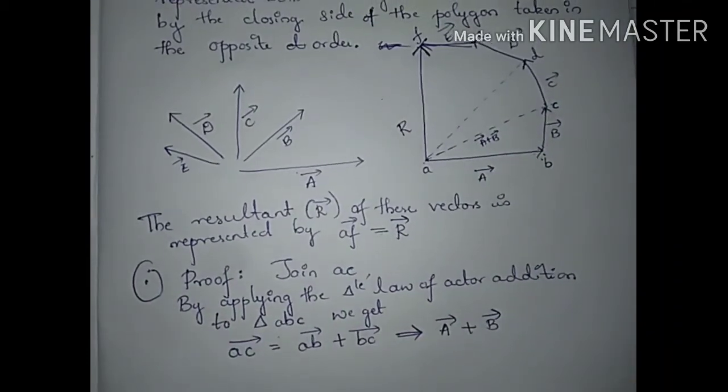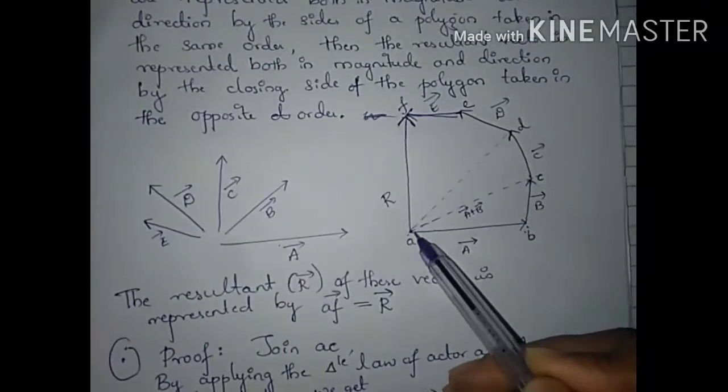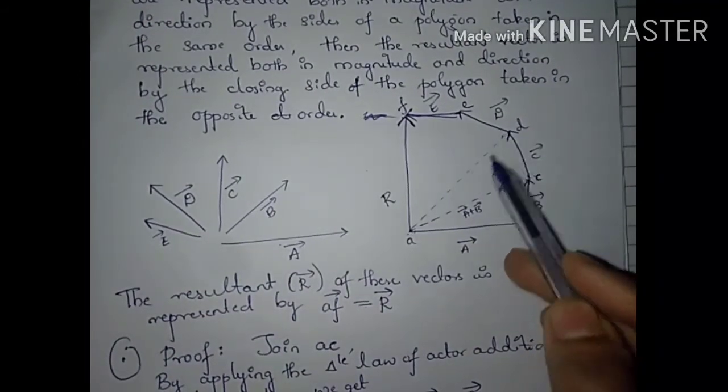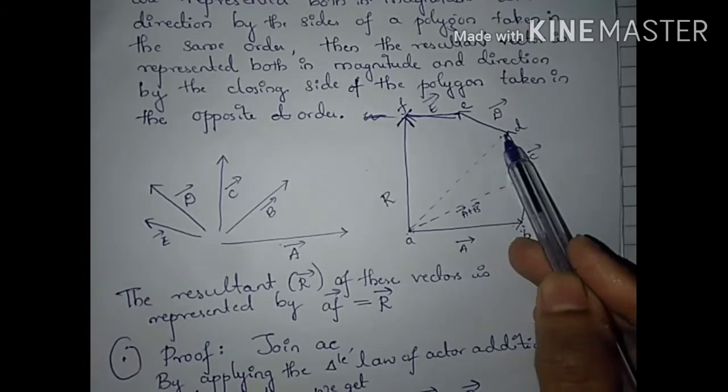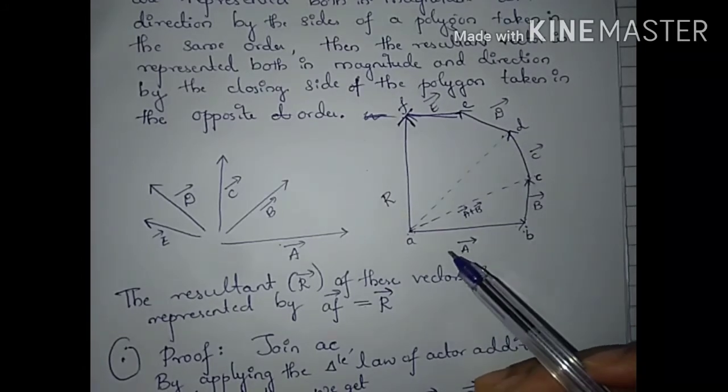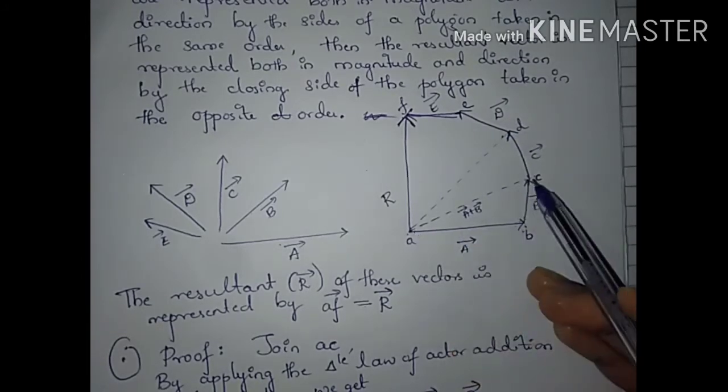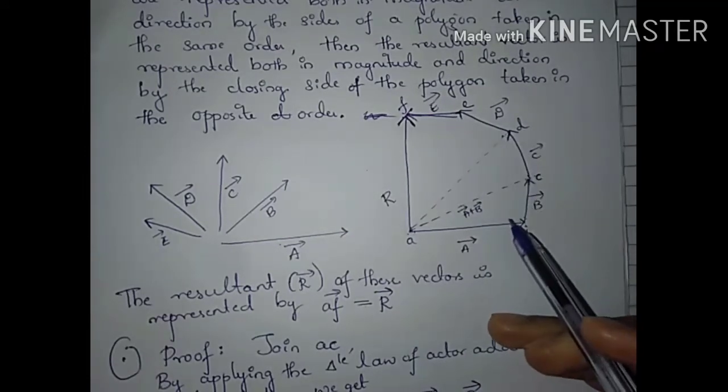Again you have another triangle, ACD, wherein you know the AC and CD values.